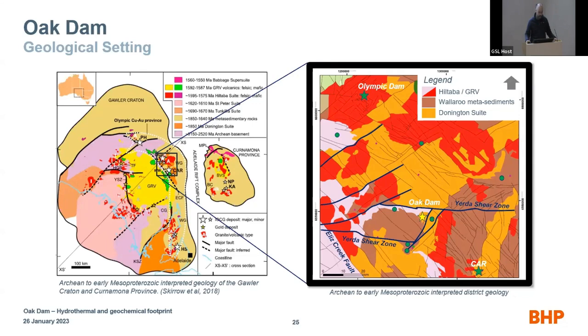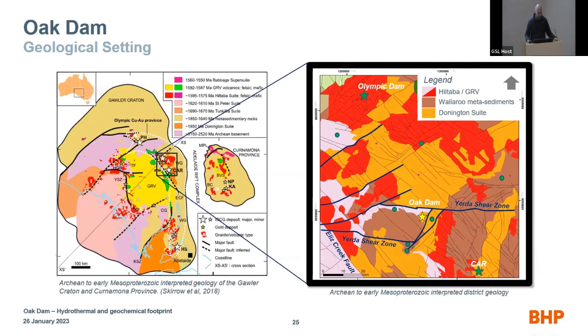This is the IOCG metallogenic province of South Australia. Oak Dam was discovered in 2018. It's a historic prospect that dates from the 80s, but that's a conversation for another time on exploration history. Oak Dam is 65 kilometers southeast from Olympic Dam.